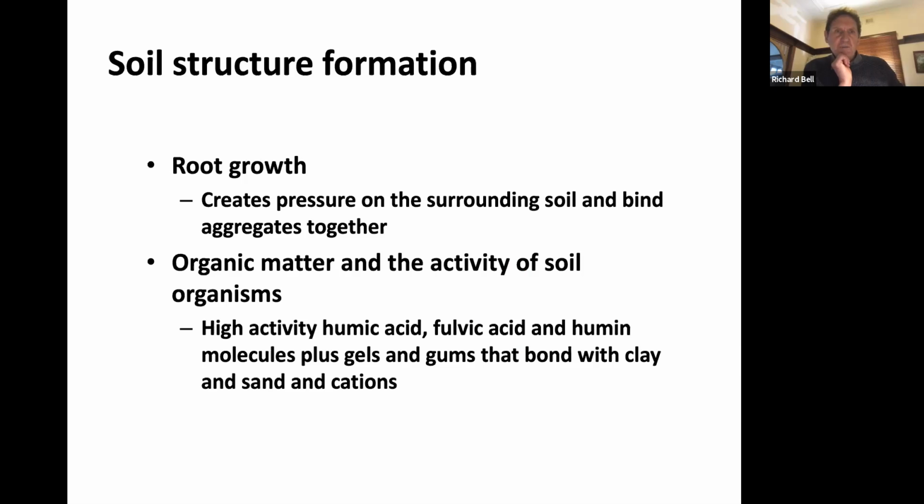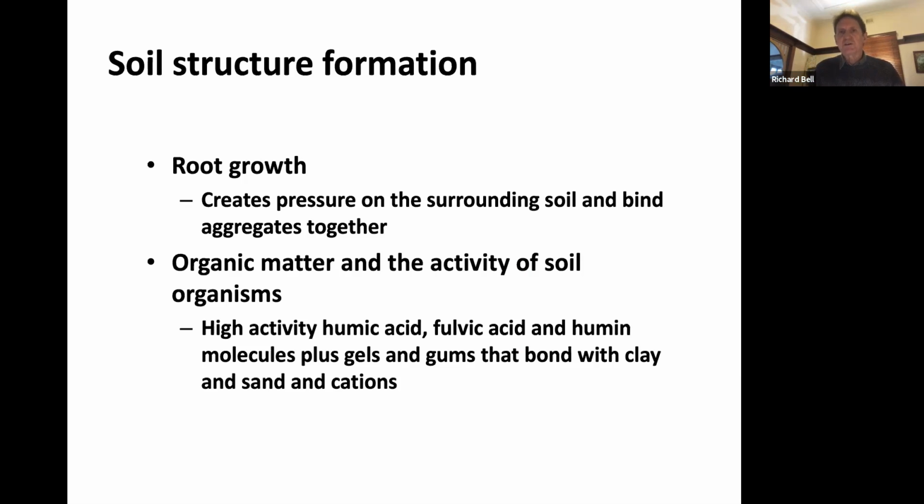Okay, just a little bit more about soil structure. Roots themselves, as they grow through, do help to create soil structure. Firstly, by the pressure that they create that pushes particles together, as well as the organic compounds that roots excrete.